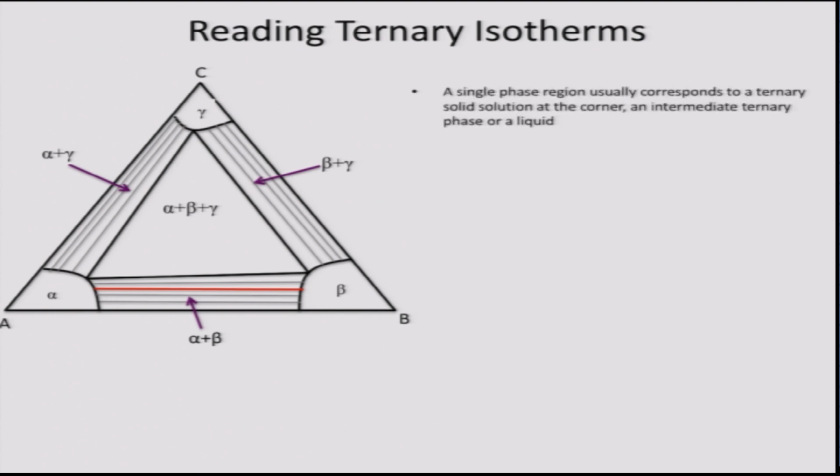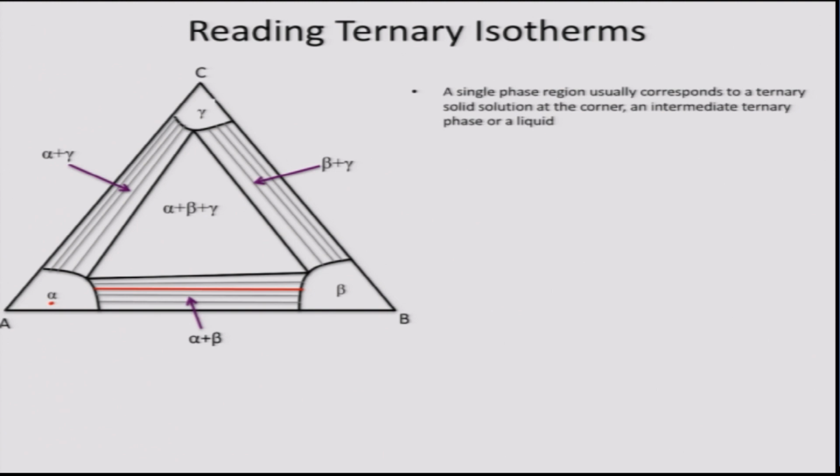the binary AB and AC have some terminal solid solubility on the A rich side, that is, C is soluble in A to some extent, B is soluble in A to some extent, and the corresponding phase is labeled as alpha. And this solubility also extends to some extent into the ternary compositions, and hence on the A rich side you will see there is a single phase solid solution alpha.